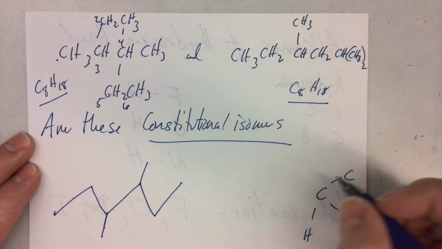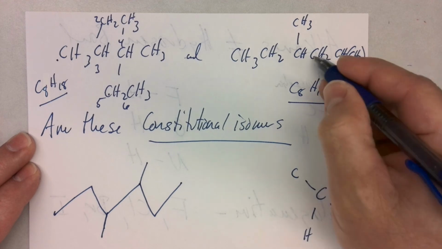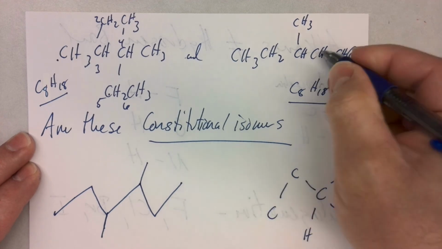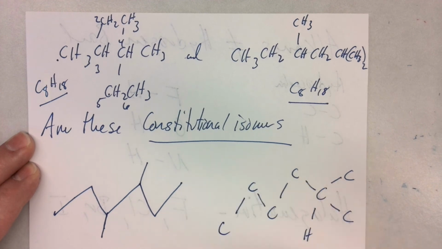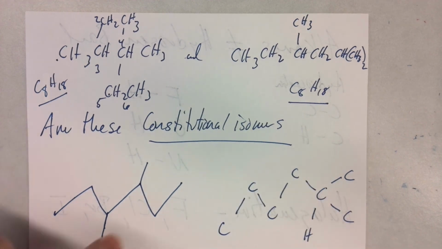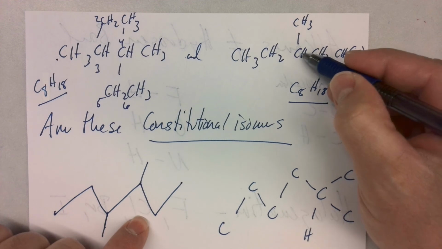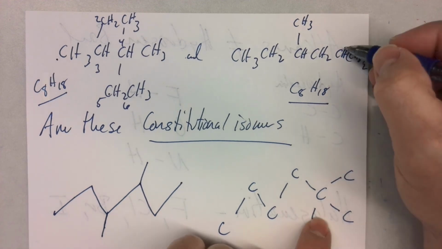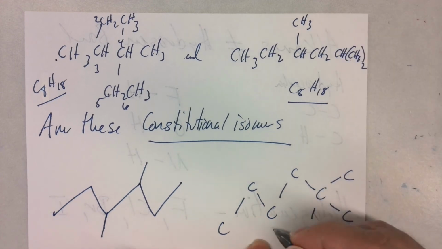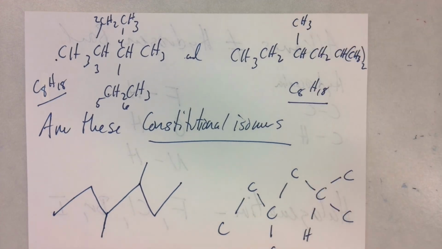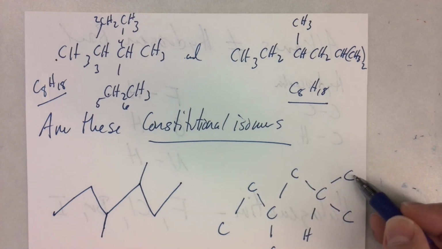And then that carbon would be bonded to that carbon, then that carbon to that carbon, and then that carbon, it'd look like that, right? And then off of this one, I would have that other carbon: 1, 2, 3, 4, 5, 6, gives me my 7, my 8.